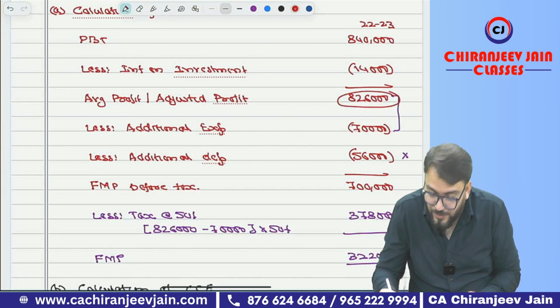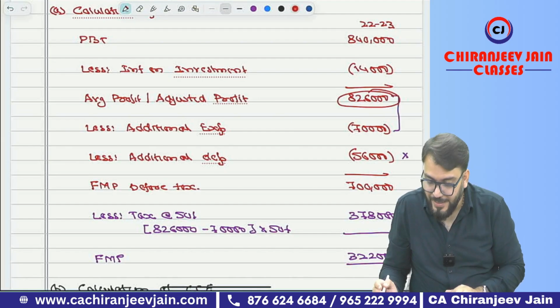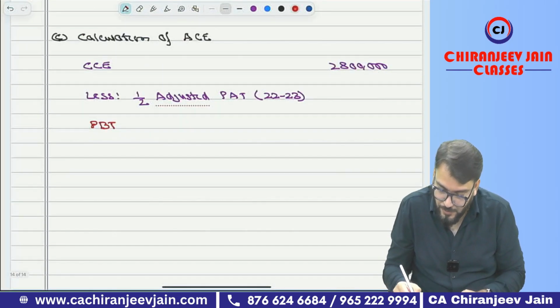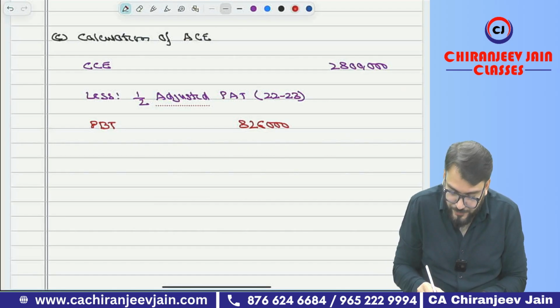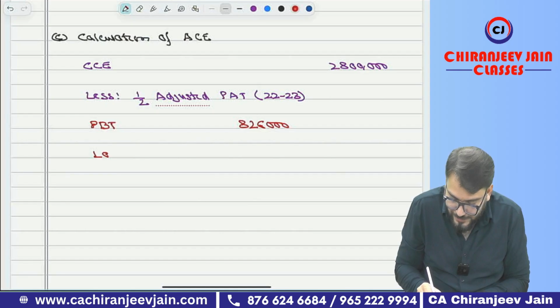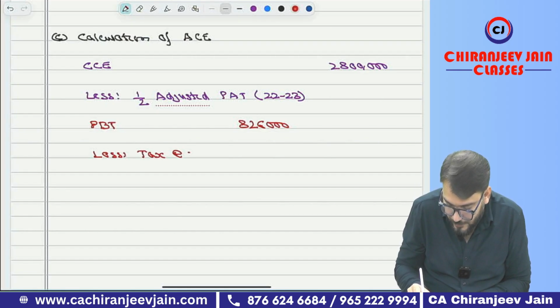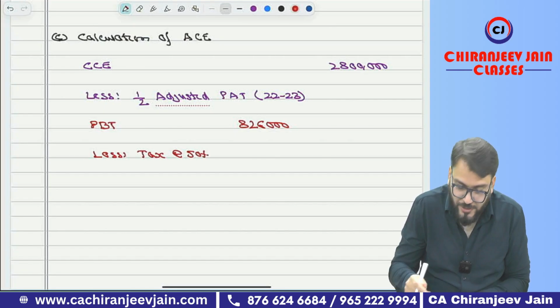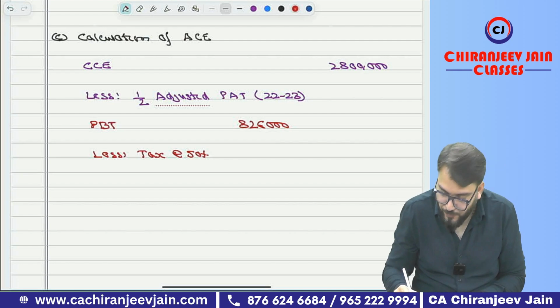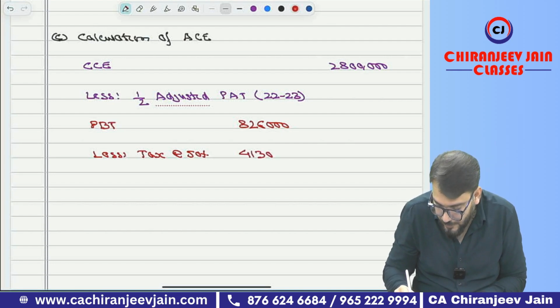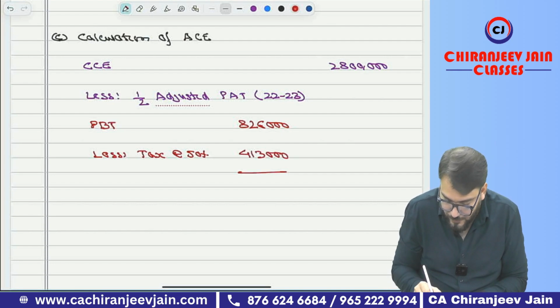We'll take 8,26,000. From this, we'll do less tax at 50%. So 8,26,000, 50% is 4,13,000. It is PAT.